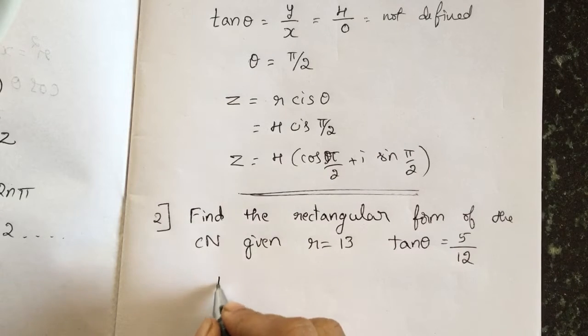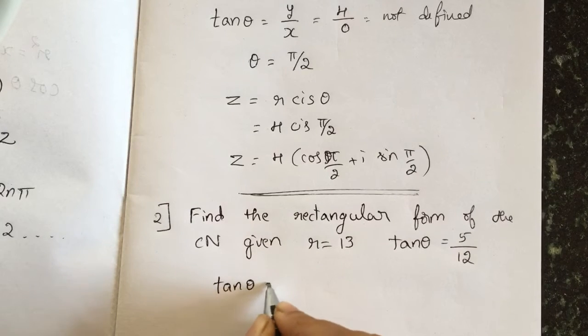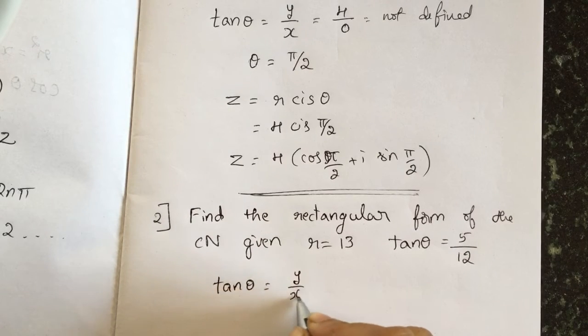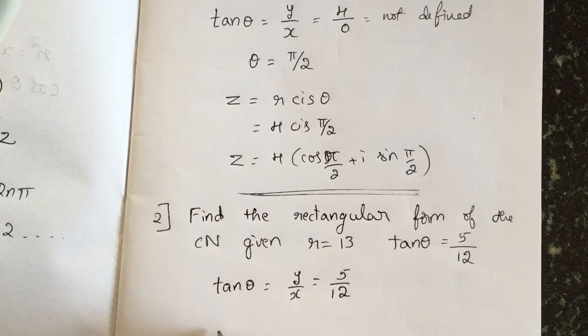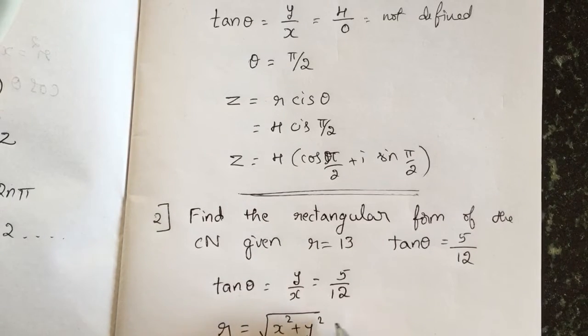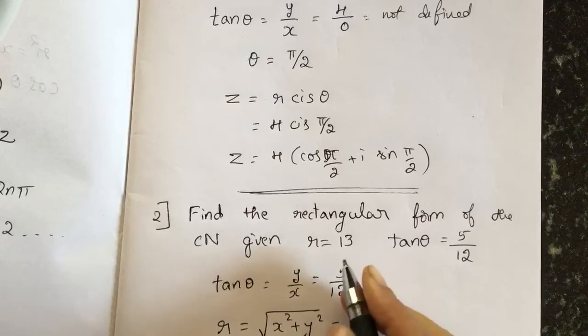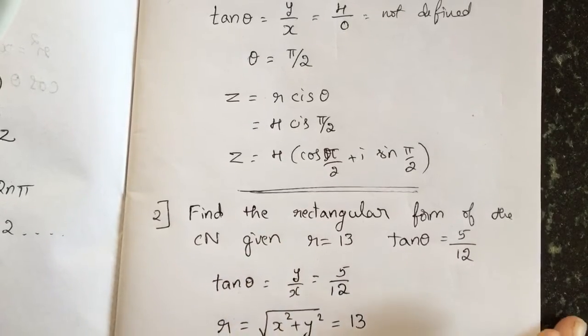We know tan theta equal to y by x, and that's given as 5 by 12. We also know r equal to root of x square plus y square, which is 13. In this case they have already given that.